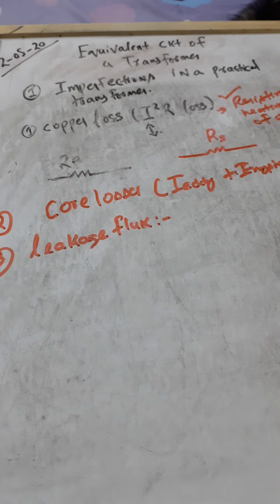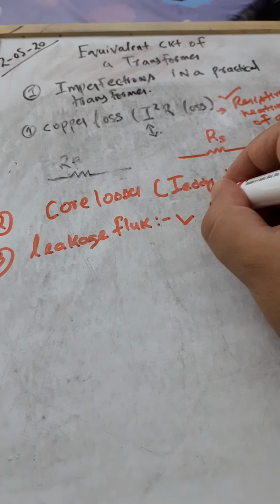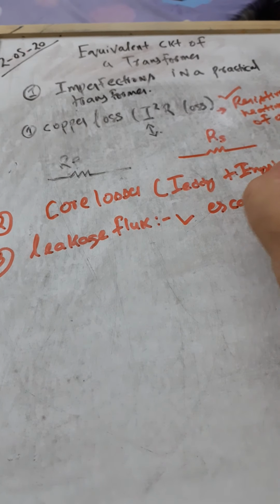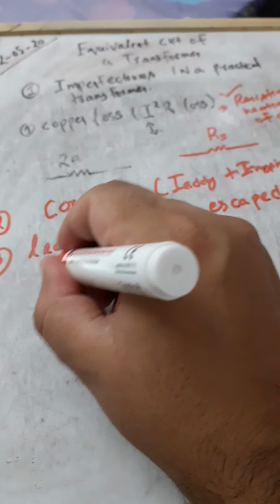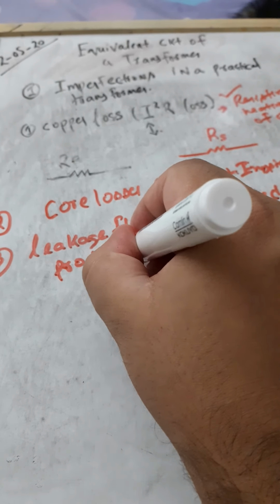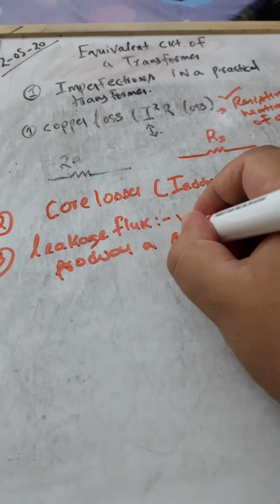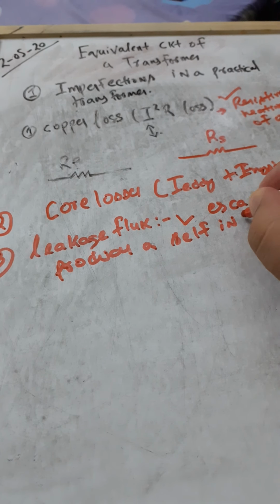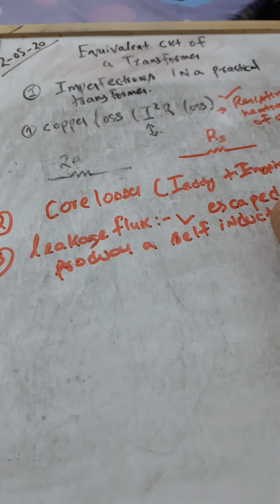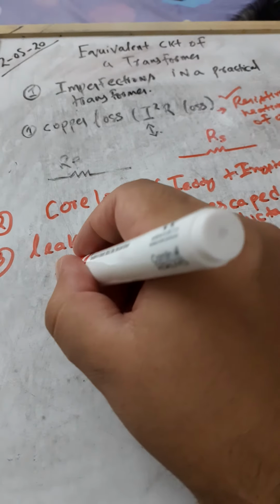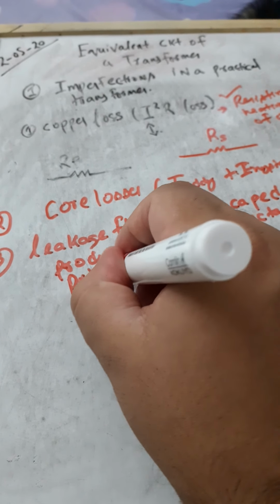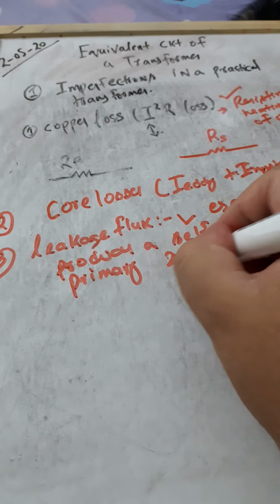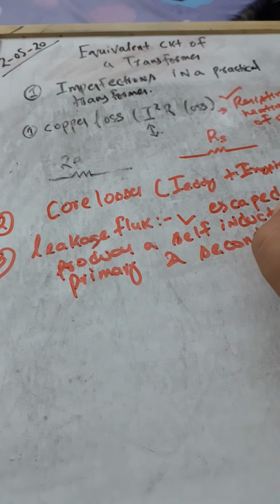This escaped flux, which is called leakage flux, produces a self inductance in the primary and secondary coils.